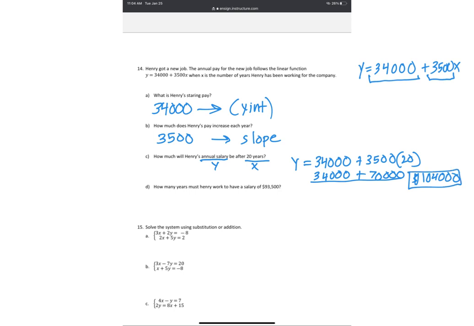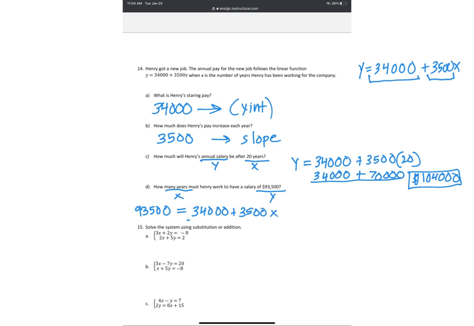Now, the next question says, how many years must Henry work to have an annual salary of $93,500? So that is our y value, and we're trying to find our x. So I'm going to plug 93,500 in for my y. 34,000 plus 3,500x.